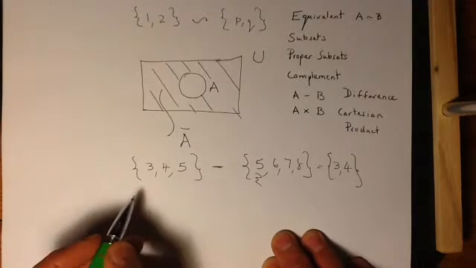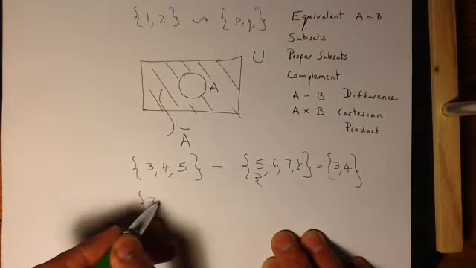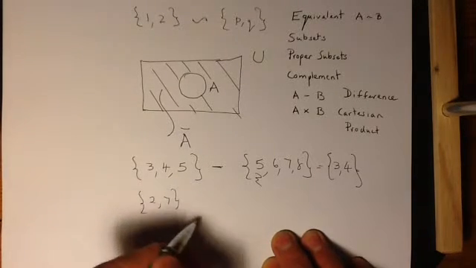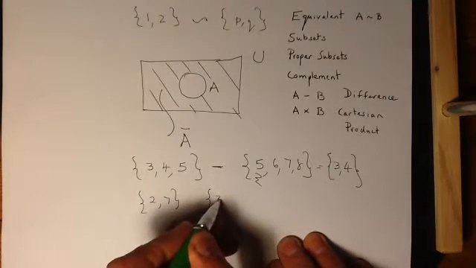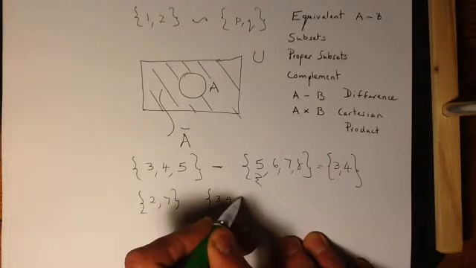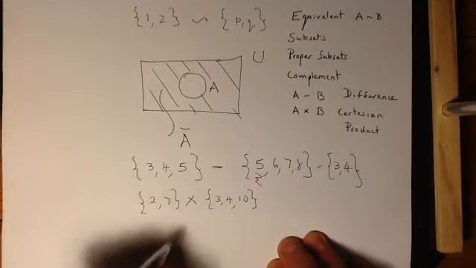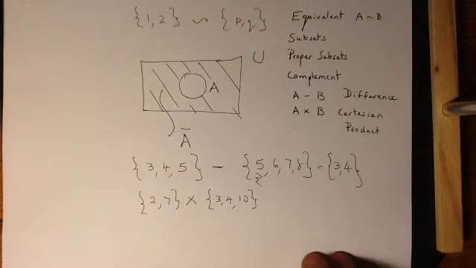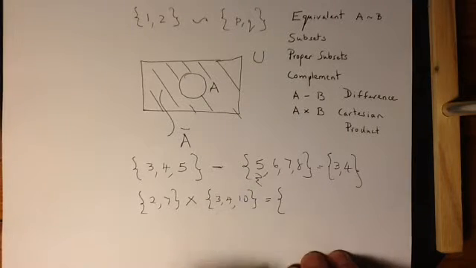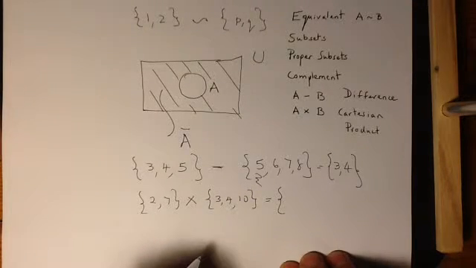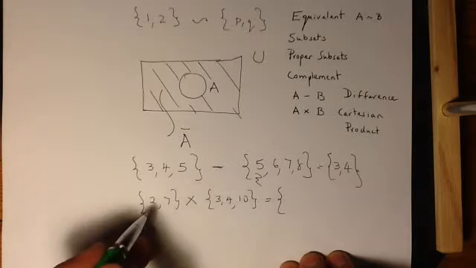And the last thing, say you've got the set 2, 7 and the set 3, 4, 10, and you want the Cartesian product. It's the set of all the ordered pairs that you can make from these two sets.